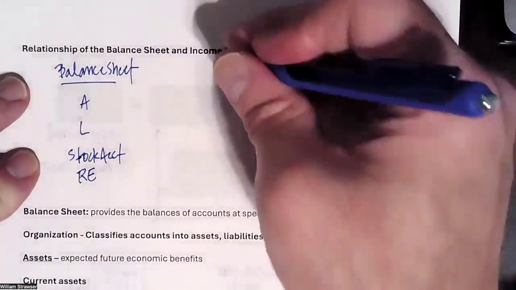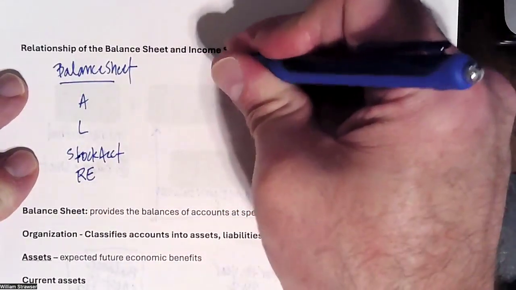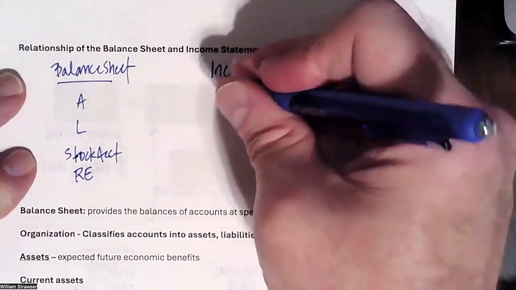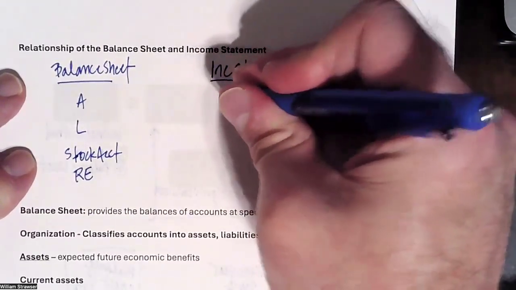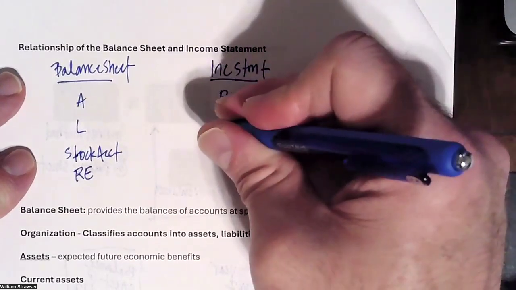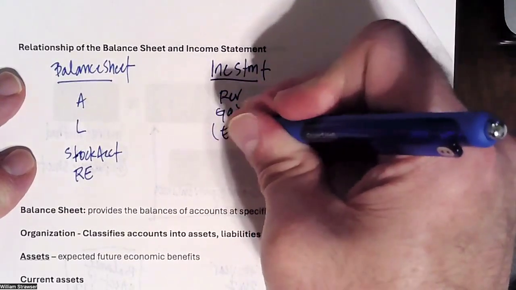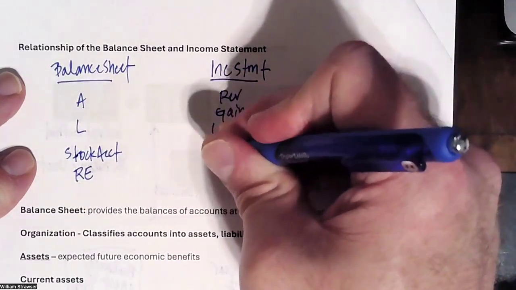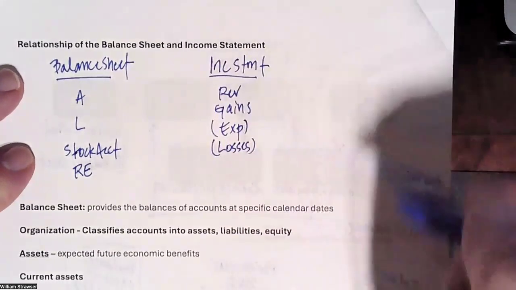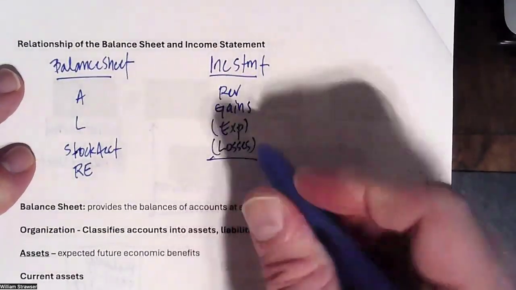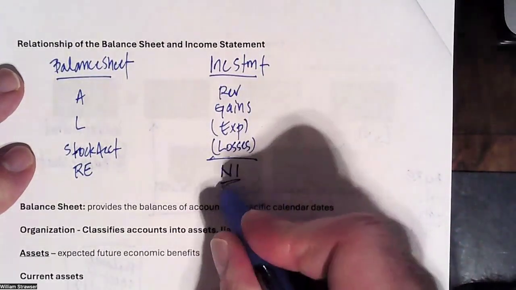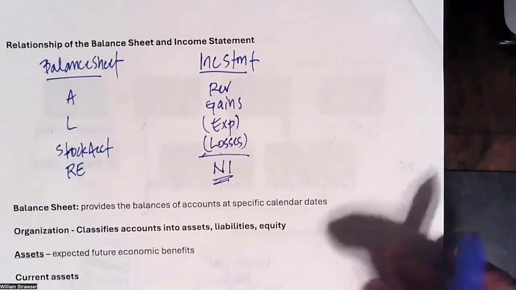And then we have an income statement. And again, I'm just going to be very simplistic and general. Basically, we have revenues, gains, expenses, and losses, right? Revenues and gains increase net income, expenses and losses reduce net income. And that gives me my summary measure for the income statement.